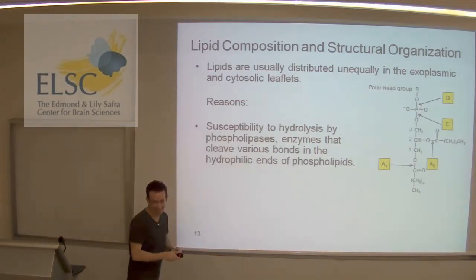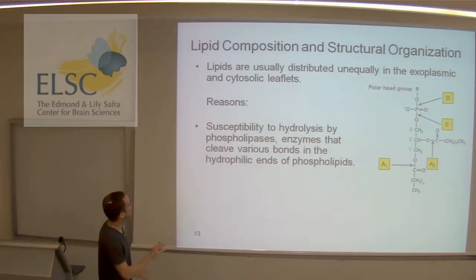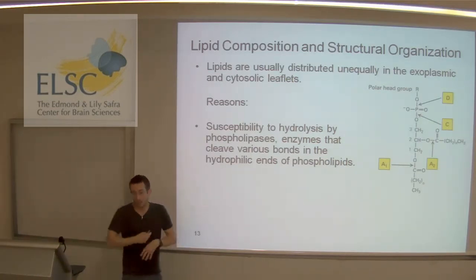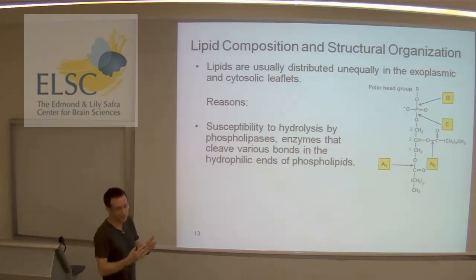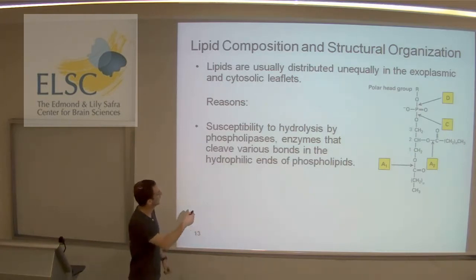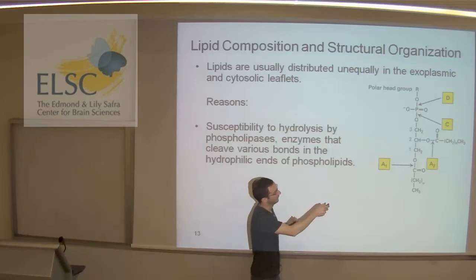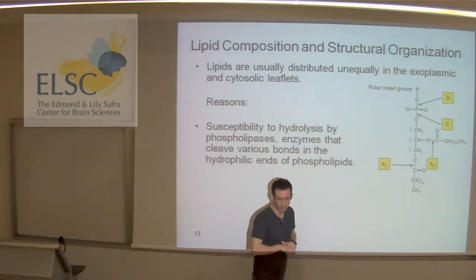So I will start this slide again. Let's start with the fact that lipids are distributed unsymmetrically between the two sides of the membranes. Now I will try to explain how this asymmetrical distribution is formed. There are two observations that have to do with this phenomenon. The first one is the presence or absence of phospholipases, which are enzymes that cleave lipids in several sites along these molecules, giving rise to other molecules.